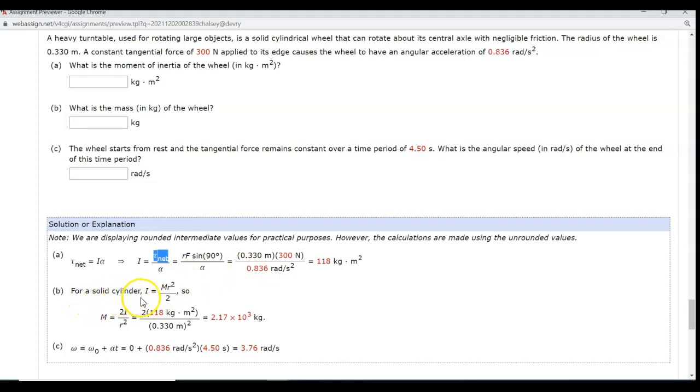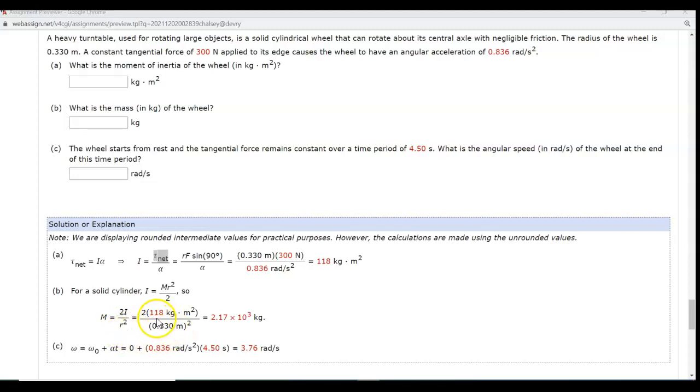For a solid cylinder, the moment of inertia equals the mass times the radius squared divided by 2. Then we'll rearrange to solve for the mass of the cylinder: 2 times the moment of inertia divided by the radius squared.